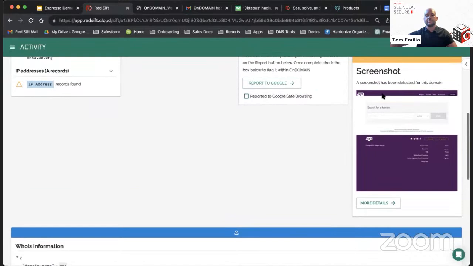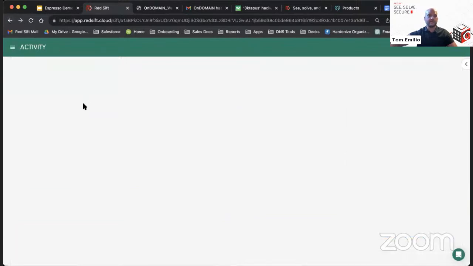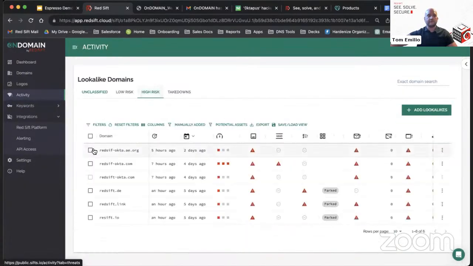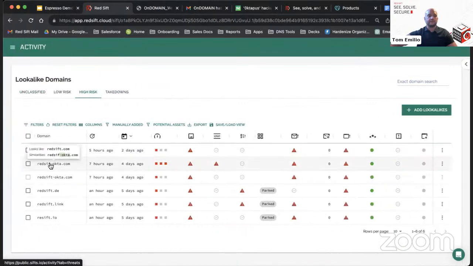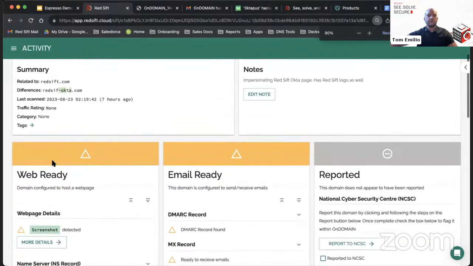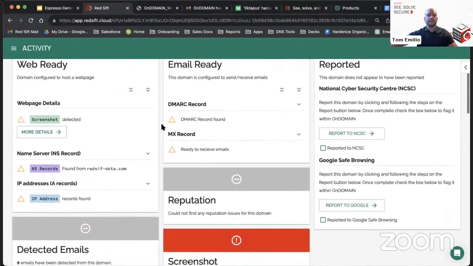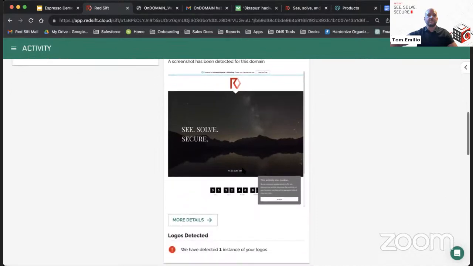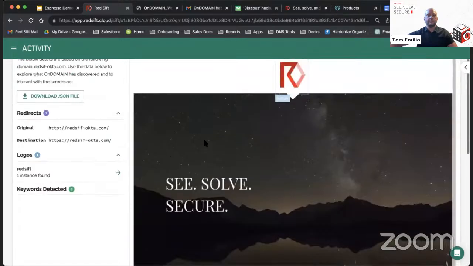There's also the screenshot. I'm going to go back here because there's a better example of this domain. Let's get back to activity, go to high risk. Check this one out. This one is redsif-octa.com. Same applies: we can see it's web ready, but there's a couple things going on here where we actually have a screenshot of the website, and here's our logo being hosted on this particular website.